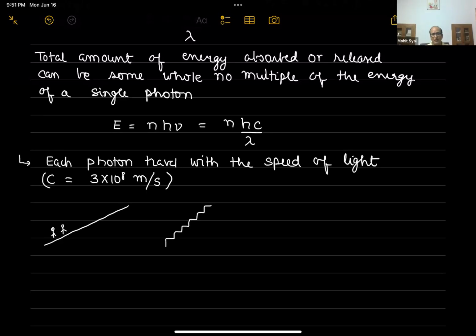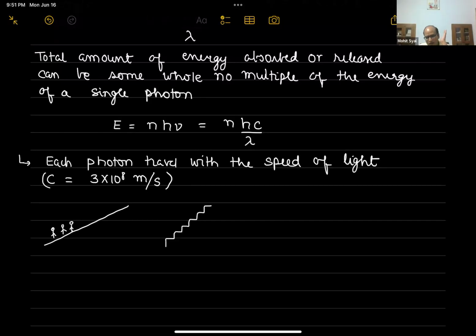I can move up, I can move down, I can stop anywhere. My energy can change continuously. I can move a little bit up or 1 centimeter down. I can move up and down and stop at any position on this sloped ramp.